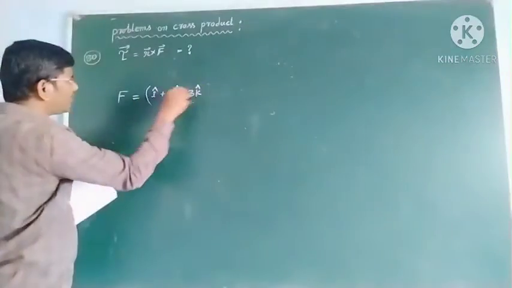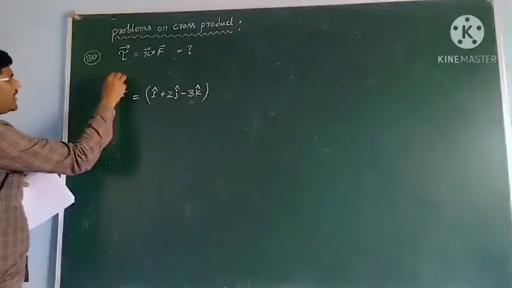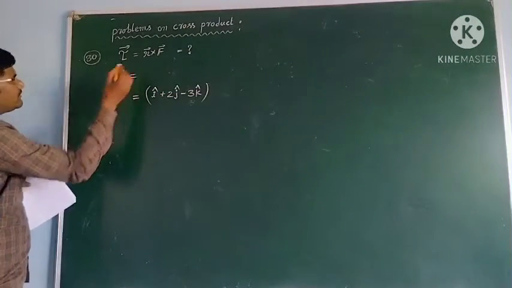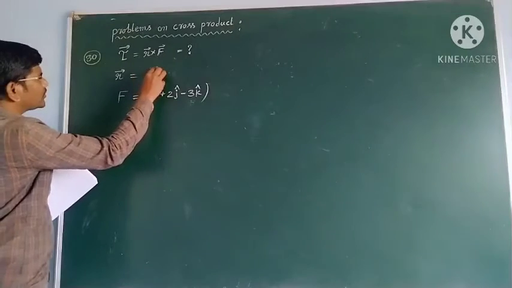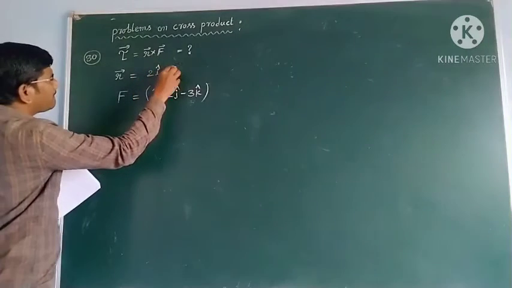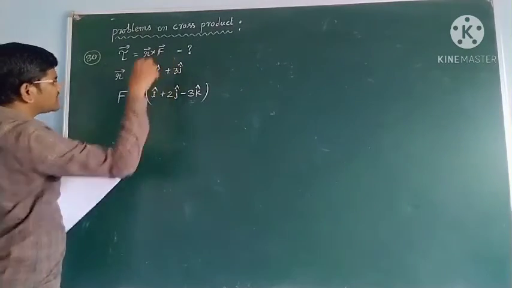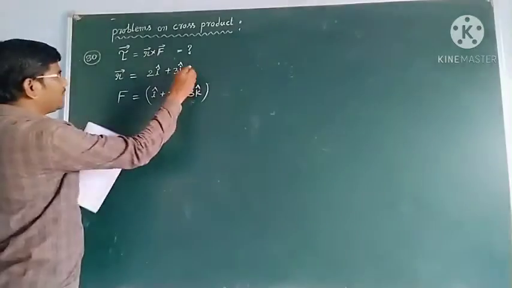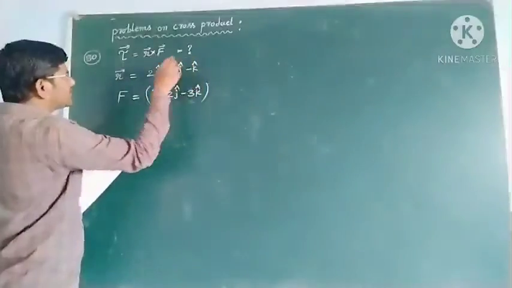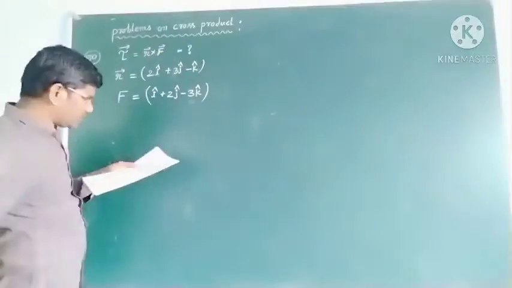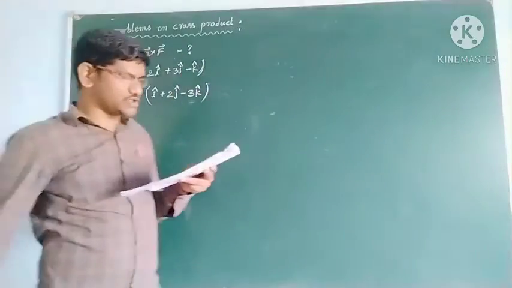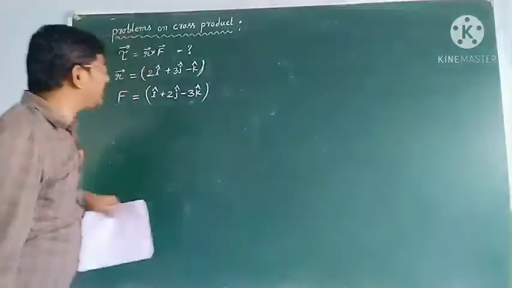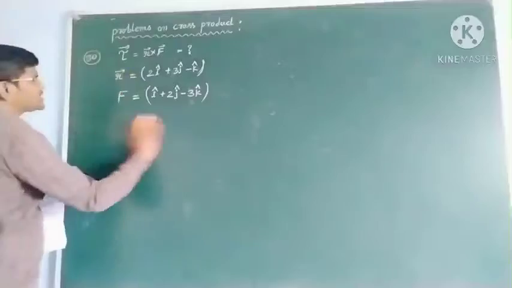This is the F bar value, and r bar is also given. R bar equal to 2i cap plus 3j cap minus k cap. Okay students, this is the r bar vector. So what is r bar? 2i cap plus 3j cap minus k cap. So that is r bar and this is F bar.